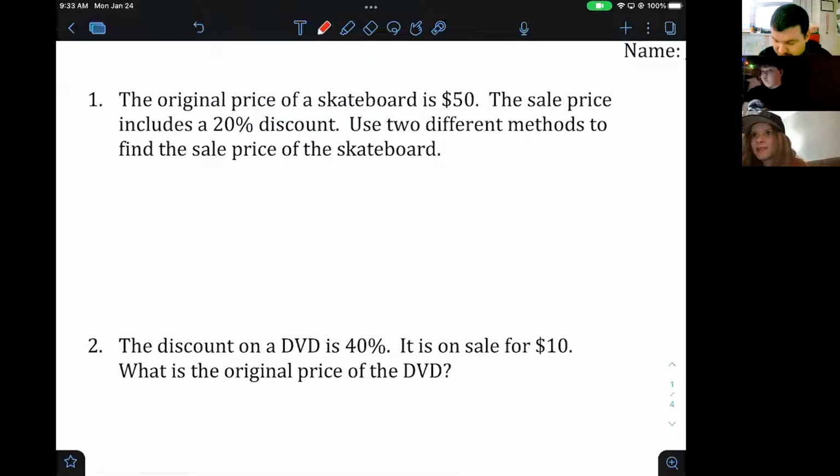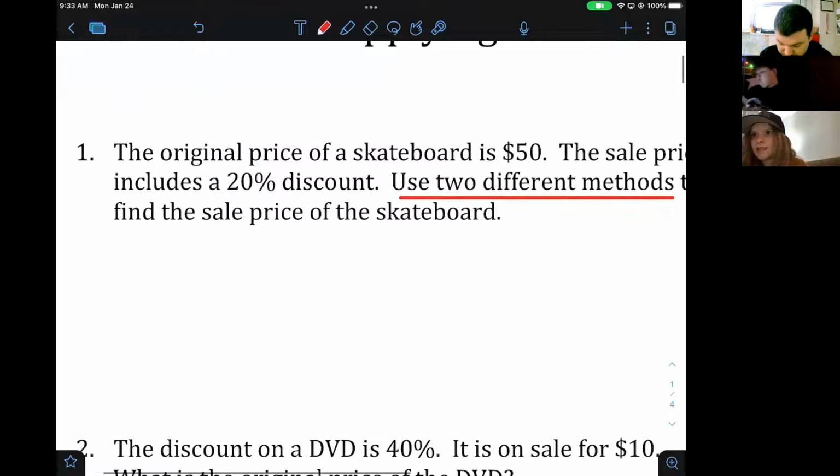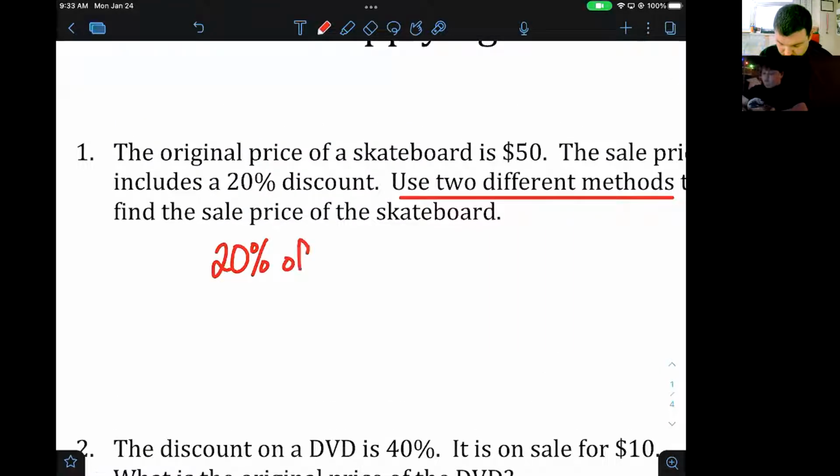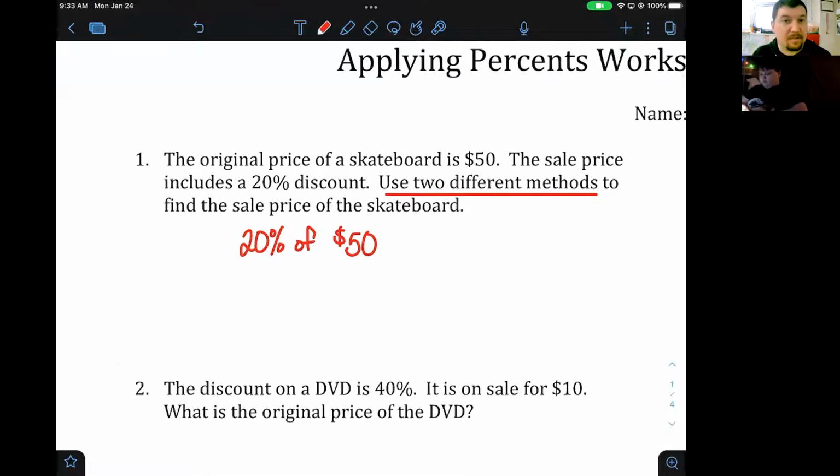And so when it says use two different methods, the first method that I taught you was just to go ahead and use this 20% coupon right there. And so if we take 20% of the price of the $50 skateboard, that'll tell us how much money we'll save using the 20% off.